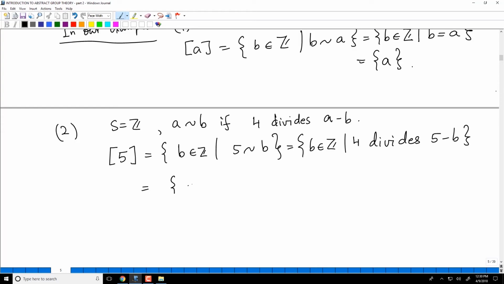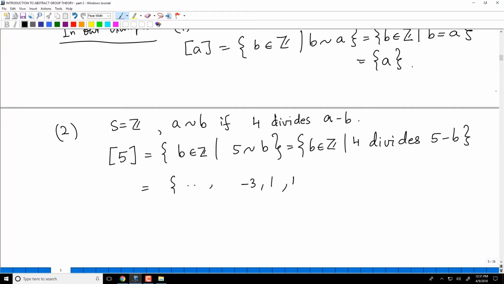If you write this down, what would they be? Just write some of them. So 0 is not an element in this because 5 minus 0 is 5, and 4 doesn't divide it. So 1 is there, because 5 minus 1 is divisible by 4. So 1 is an element of the equivalence class. The previous element would be minus 3, because minus 3 is related to 5 since 5 minus minus 3 is 5 plus 3, which is 8, divisible by 4.